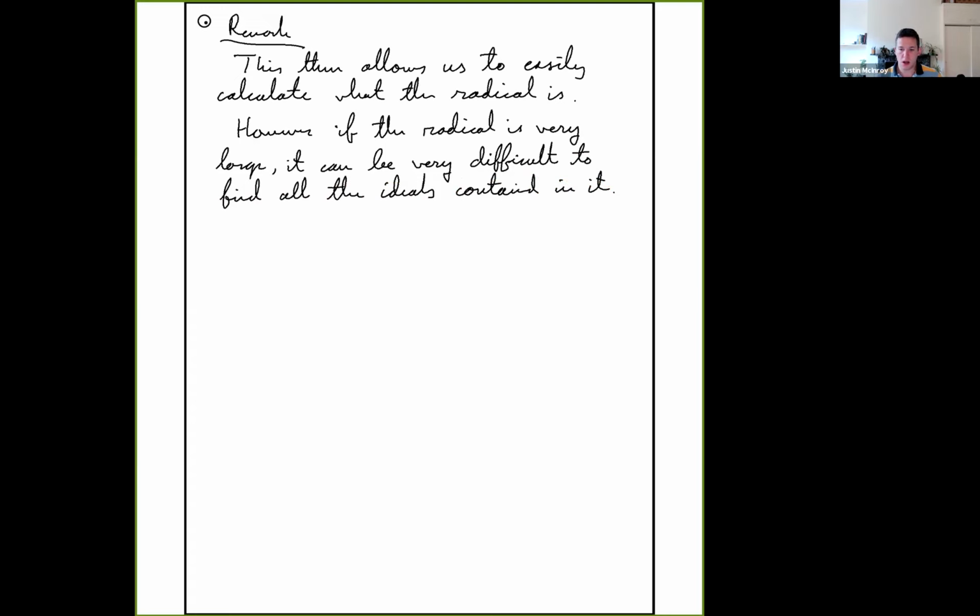And sometimes we even have examples where this radical is codimension 1 in the algebra. When the radical is codimension 1, and actually I will mention one of these later in the lecture, the so-called high water algebra.